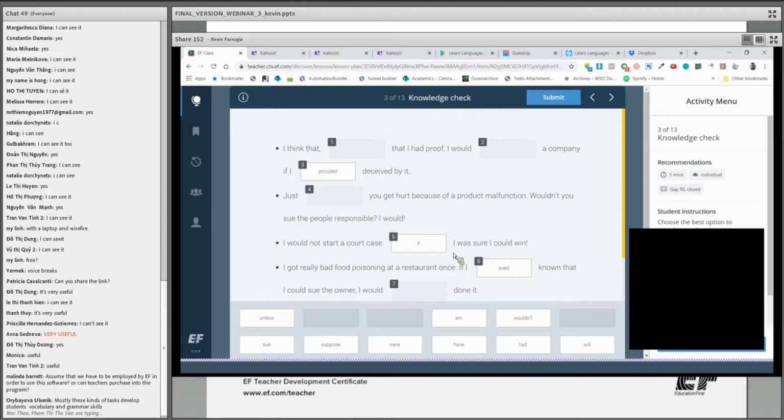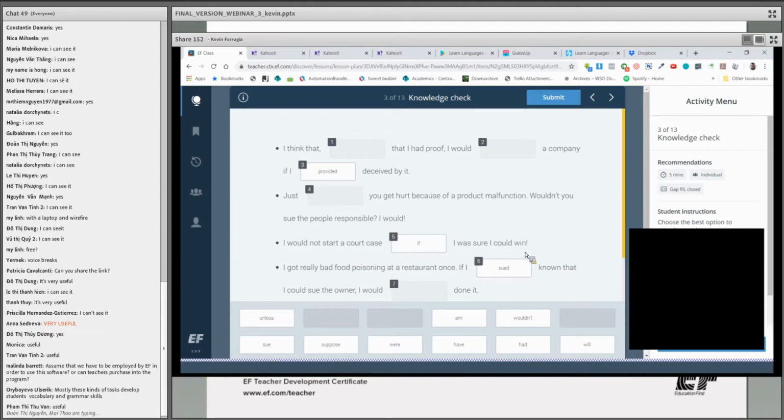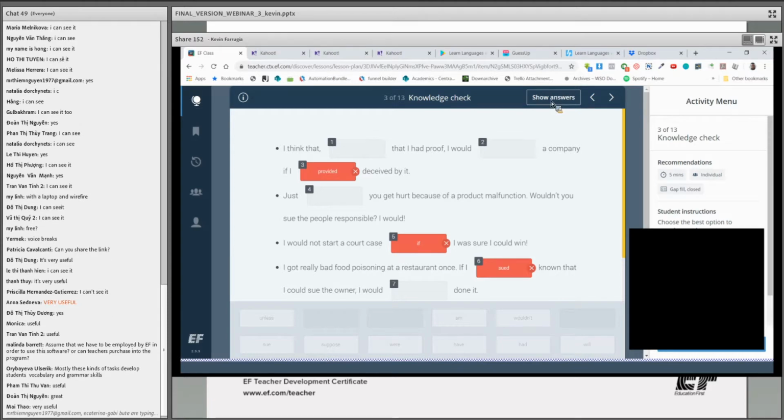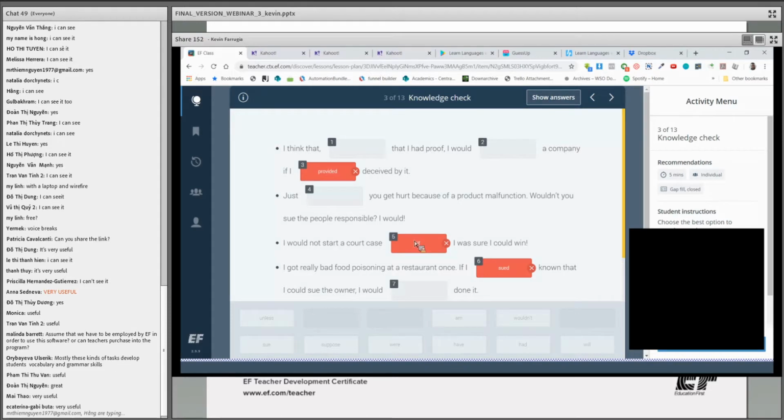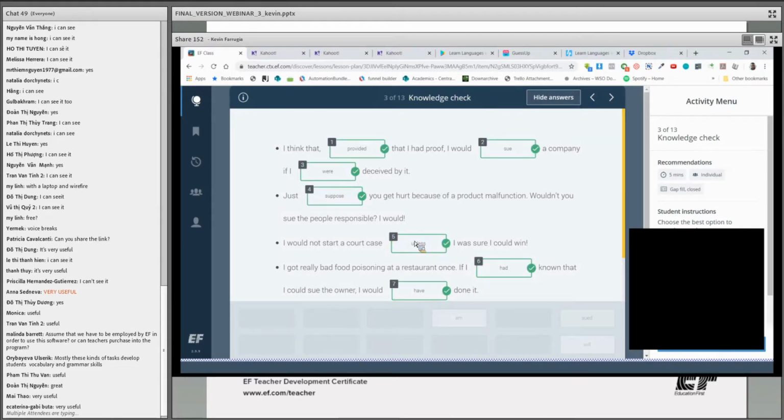Once they have done that, they can press submit and the system automatically checks the answer. If any of the answers are wrong, such as in this case, the teacher can press, or the students can also press show answers, and the right answers are put in the right place.